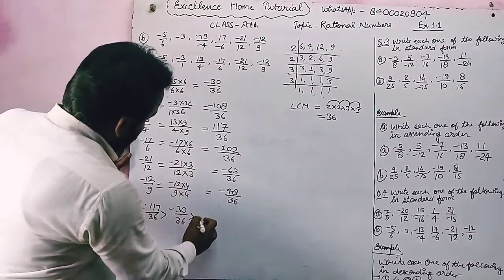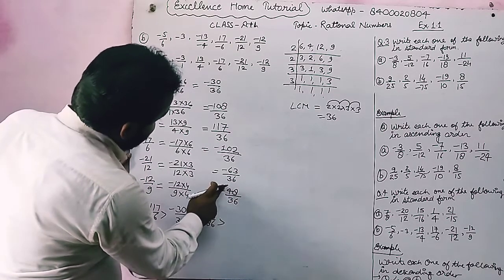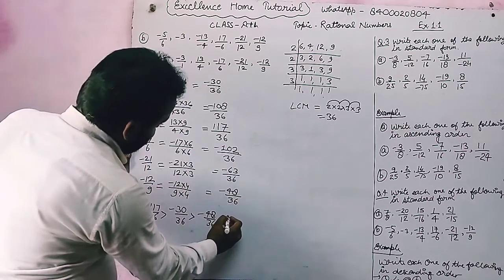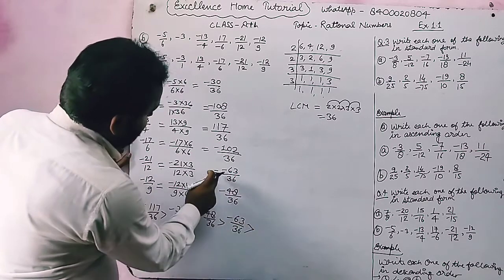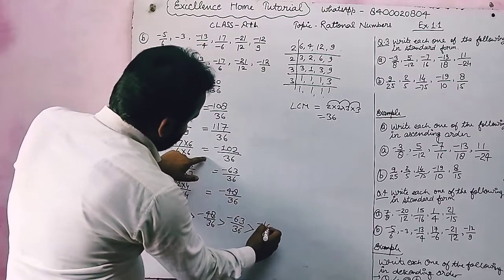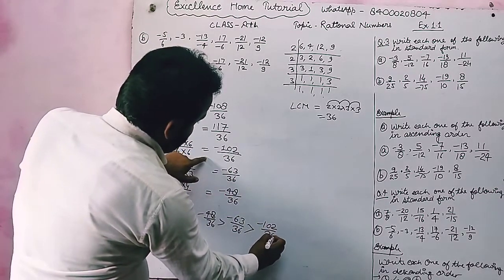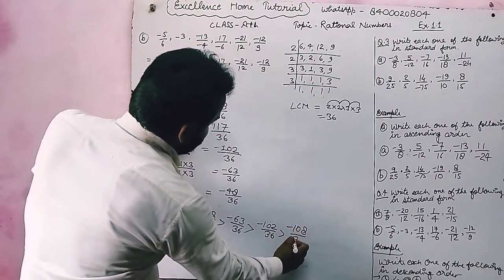So minus 48 upon 36 is greater than minus 63 by 36, greater than minus 102 upon 36, after that minus 108 upon 36.